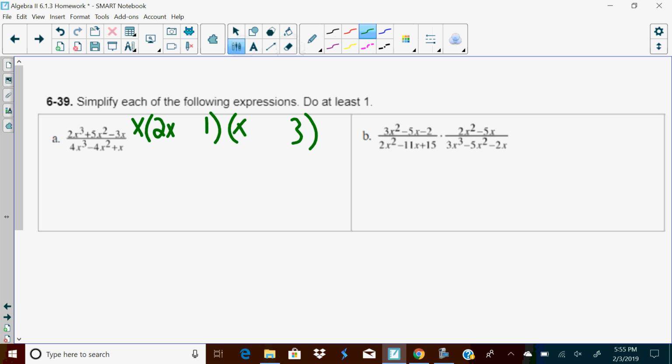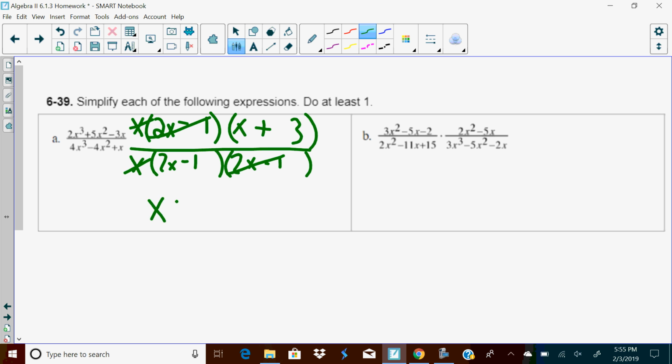So I want to be positive 5, so this is where I put my plus and my minus. And then on the bottom, factor out an x, and I'm going to get 2x minus 1 and 2x minus 1. So both the 2x minus 1s cancel, and I have 1 here. So I'm left with x plus 3 over 2x minus 1.